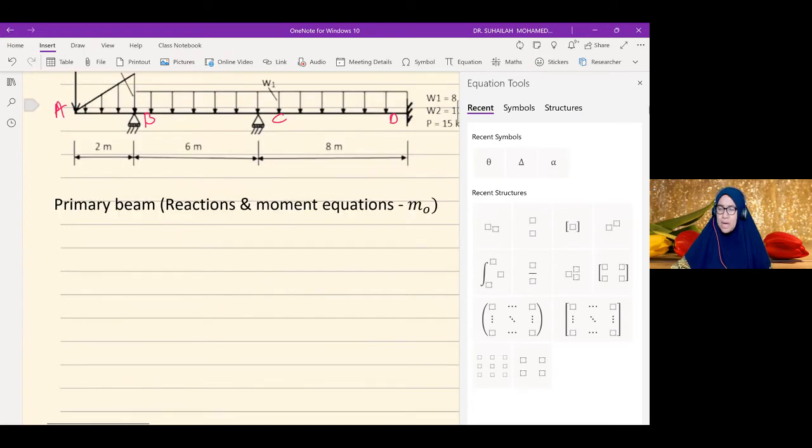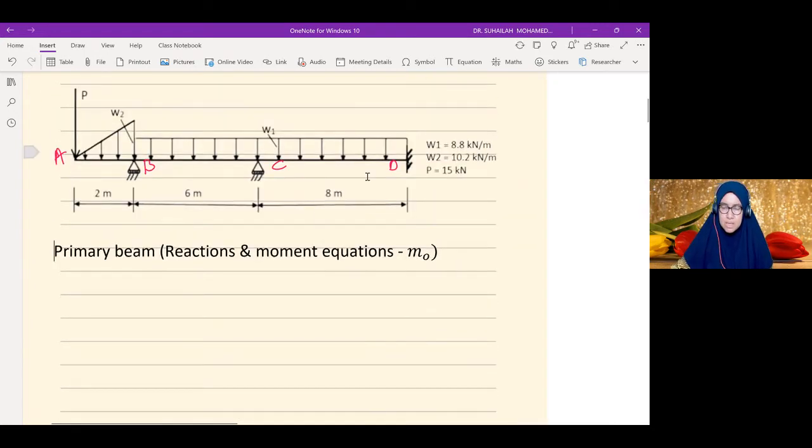Okay, let's calculate the reaction for this beam. Please calculate the reaction for this beam.